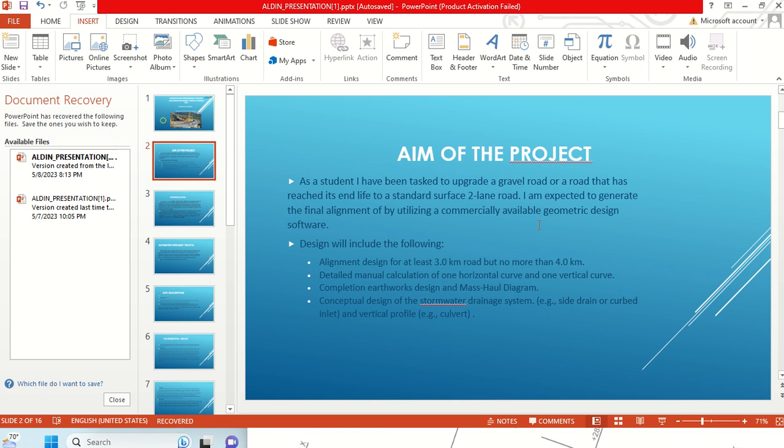A completion earthworks design and mass haul diagram. Conceptual design of a stormwater drainage system, for example, side drains or catch inlets, or a vertical profile for culverts.